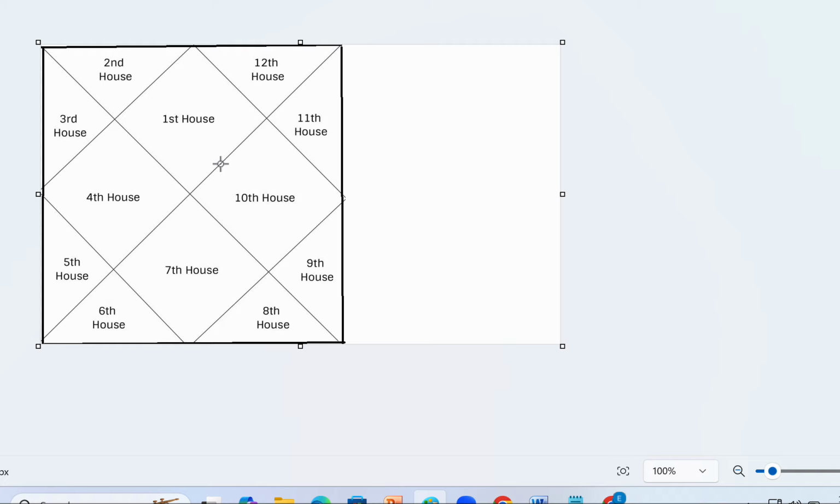Don't go for the speed of the planet. It is the 10th and 11th lord. 10th house is your career, 11th house is Ichha Purti, all your desires are going to be fulfilled. So Saturn is the most benefic planet.